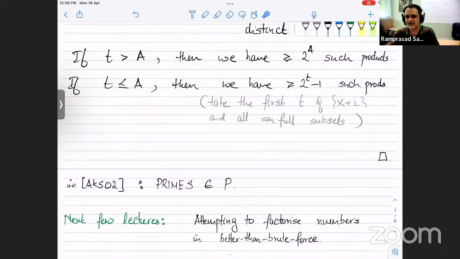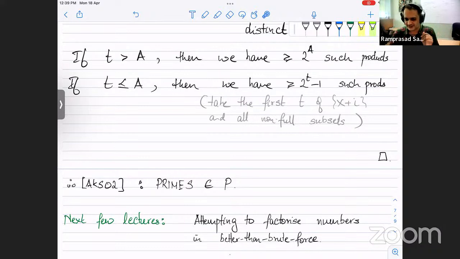There are some parts which were unclear. I found that there are plenty of lecture notes for this AKS primality test present online. I found some scribe notes that I had written from one of the earlier algebra computation courses, when Arvind offered it in IMSC or something, and I couldn't understand what I had written. So I will not recommend reading those, but there seem to be plenty of other places where you can read up.